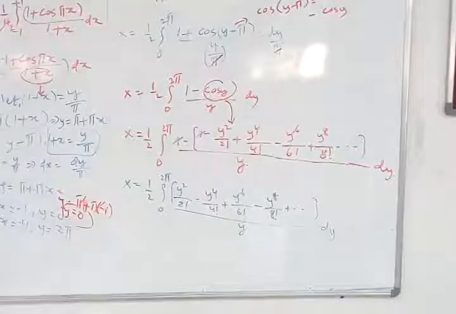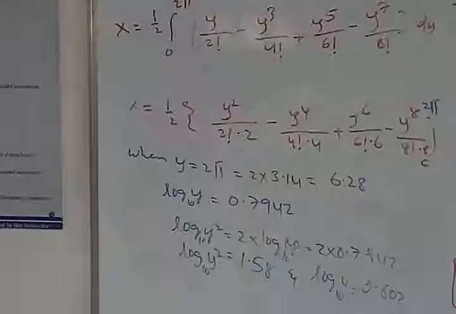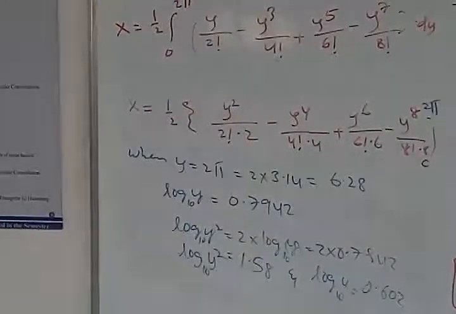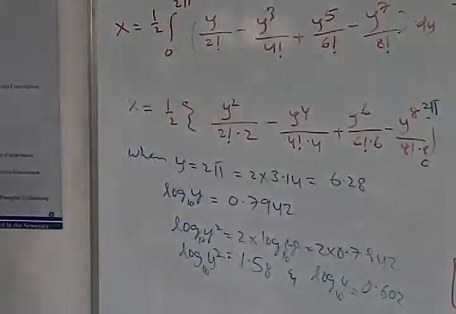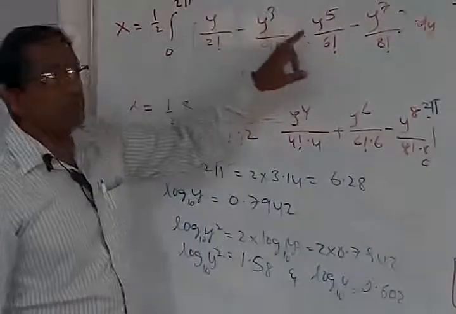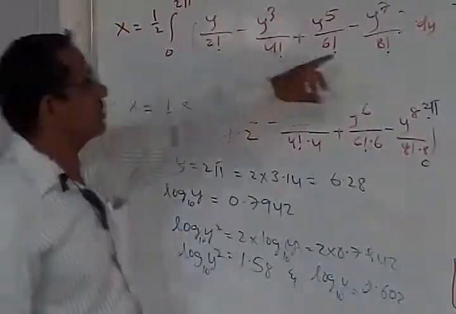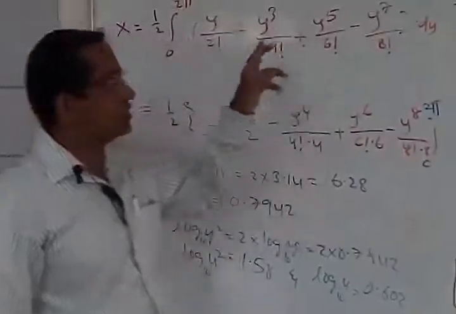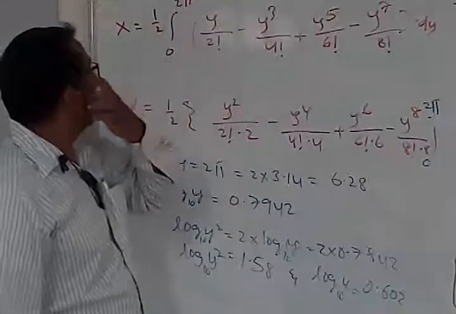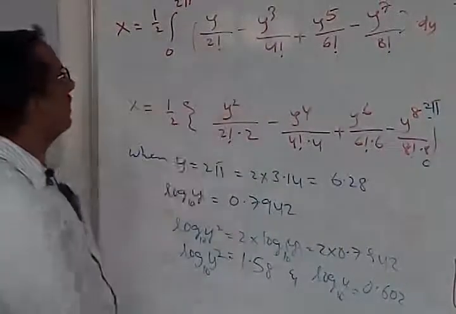What I can do now is simply divide the above equation with respect to y. In the previous equation we have y in the denominator, so therefore we simply divide it by y.